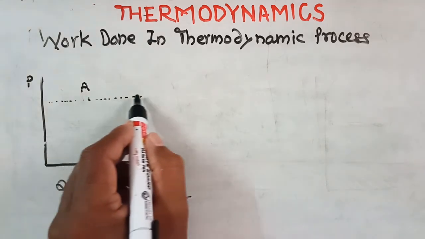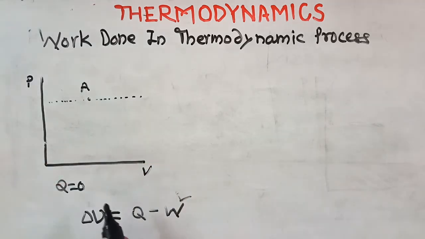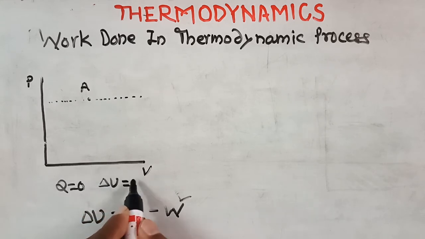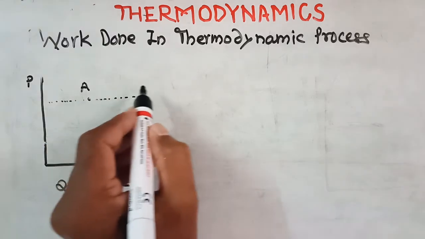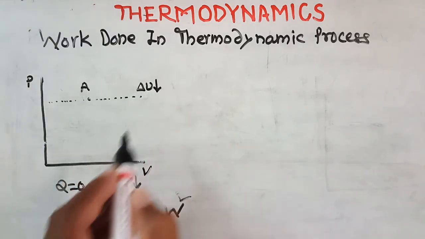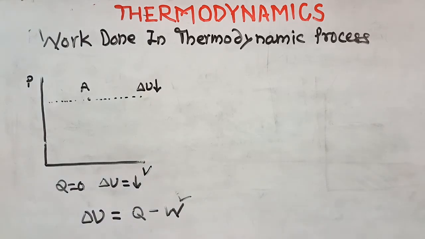So if we go in this way, then the work done W is positive, because the work is done by the gas. And as this is positive, del U decreases. If we go in this direction, the change in internal energy decreases.